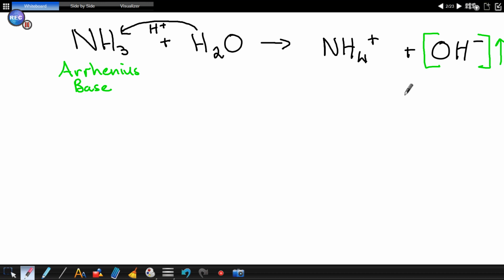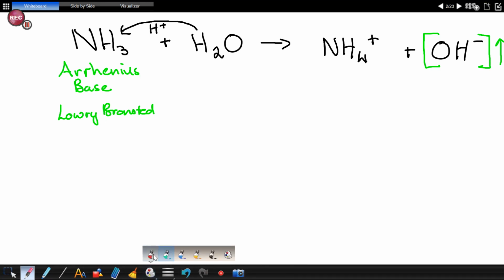I'd like to finish my explanation and then answer your question. This is also a Lowry-Bronsted base because it is a proton acceptor.